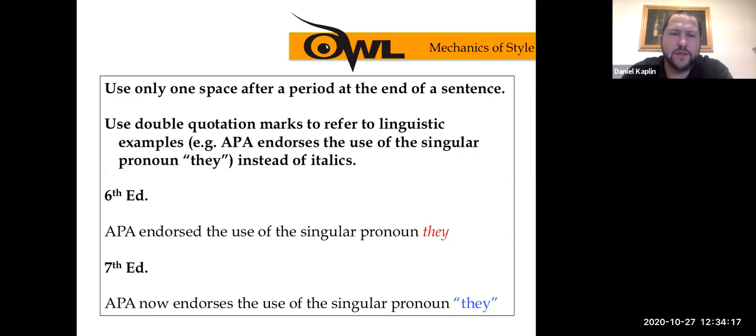And then in terms of a linguistic example, the singular pronoun "they," for people who are gender non-binary, has been changed from "they" italicized, which we're no longer doing, to, in the 7th edition, in the blue, "they" in quotes, but not italicized.